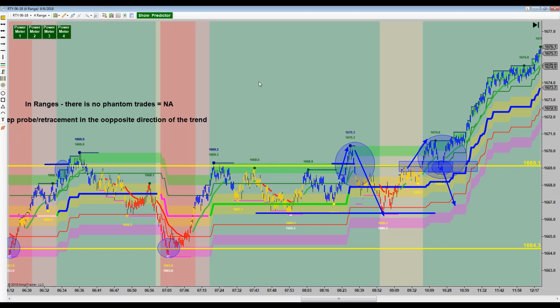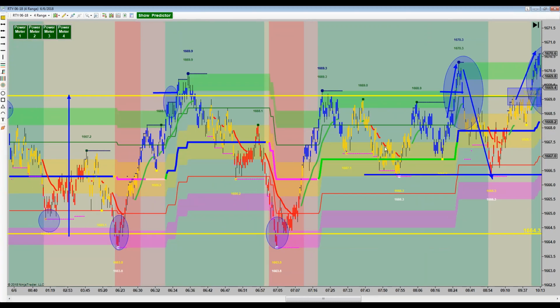Now let's talk about how we would trade this. Back over here, when this range started to set up, would you say that your primary mode of entry was buying support, B, taking profits at the top, so you would type in a B, or would your primary mode of entry be selling short resistance, S, and covering at support?